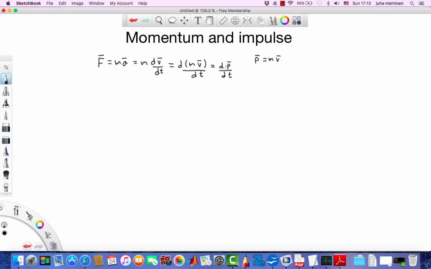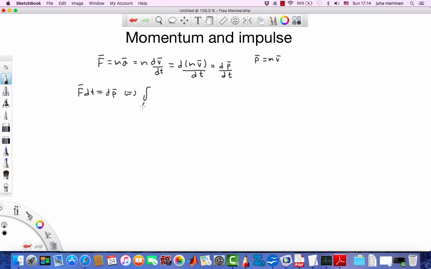But we're not done with this one yet, so let's separate the dt or the d variables on the different sides and we'll integrate from there. So we bring the dt on the left hand side and we have only dp on the other side. And integration limits are as follows.